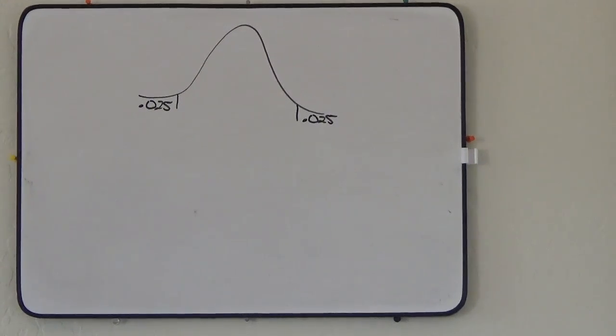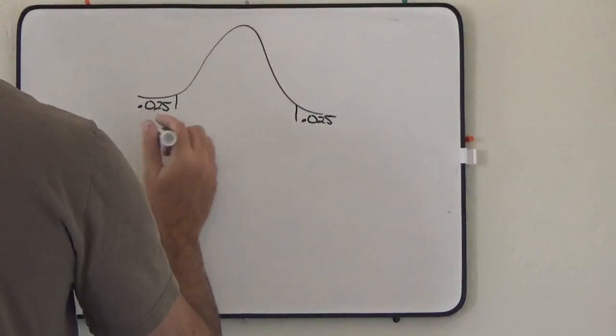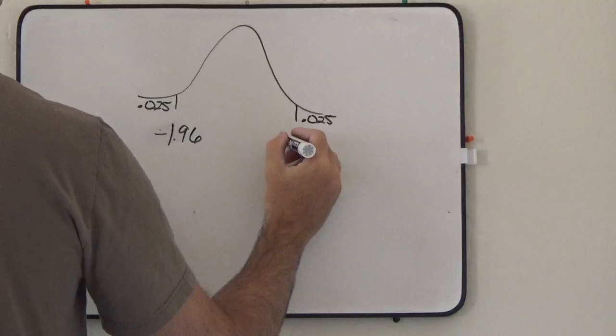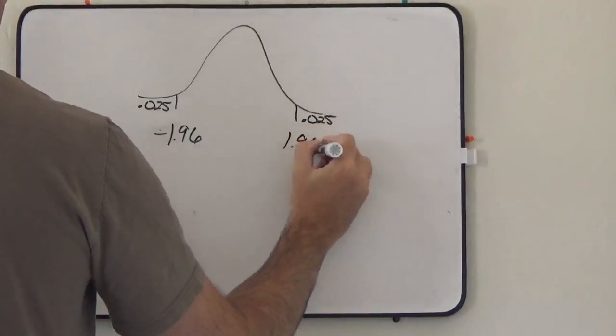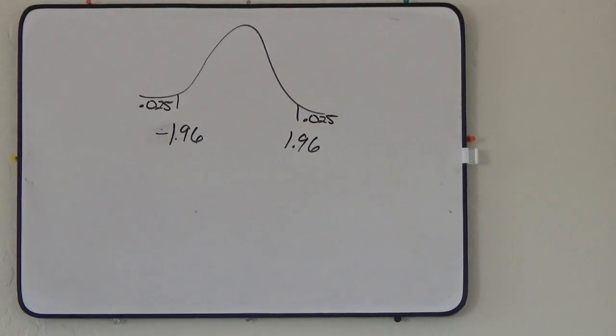So when I'm looking here, I get negative 1.96 as the z-score here, and this is positive 1.96. They don't always match up, but sometimes they do. That's my z-score for those, okay?